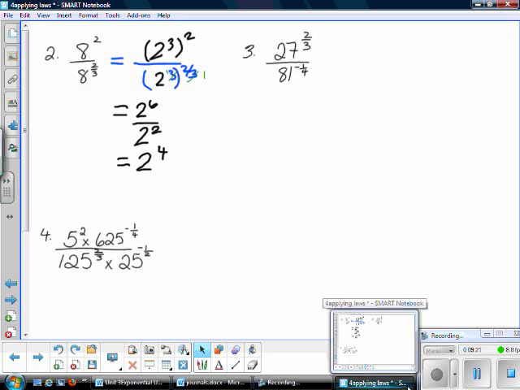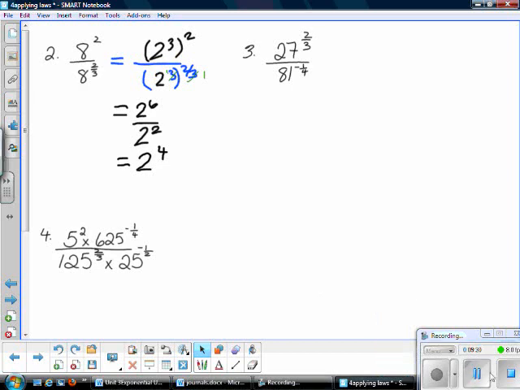Again, what's going on here is I have a denominator of 3, and I need to change my 27 somehow so that it is to the power of 3.